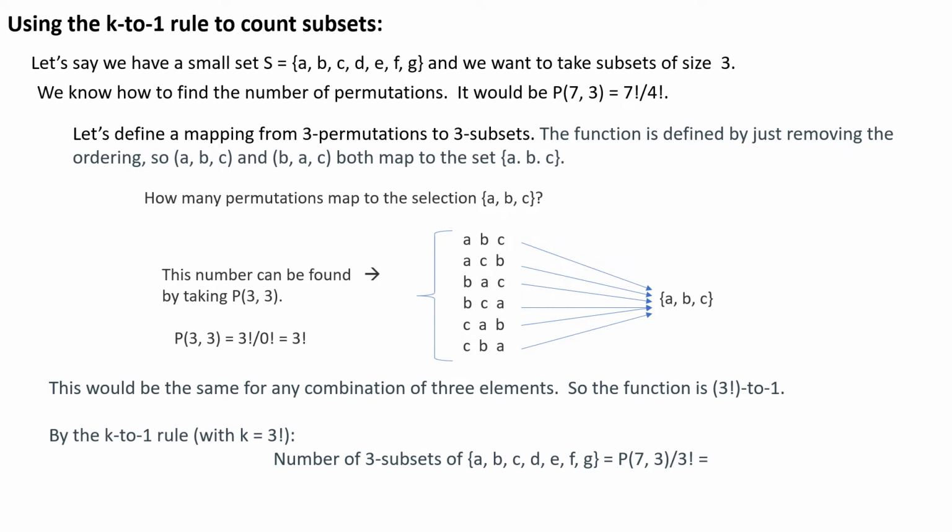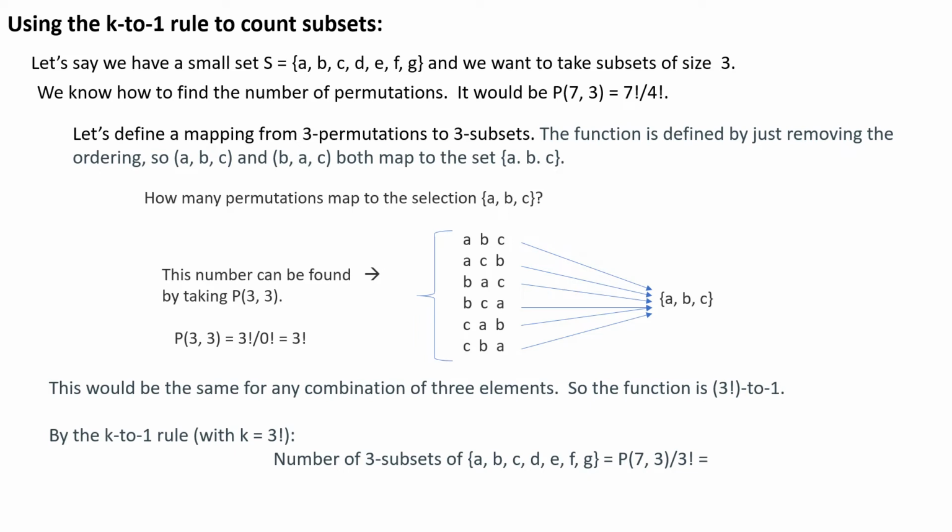If we have this 6 to 1 correspondence, then I could take the number of the set with the more values, which would be the permutations of 7 things 3 at a time, and divide that by k.